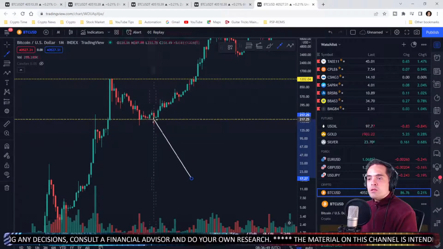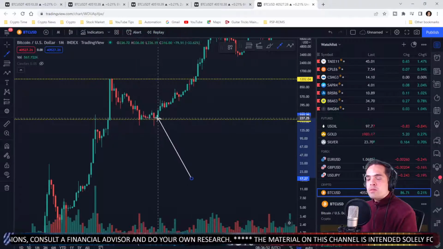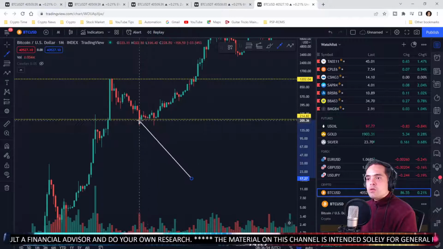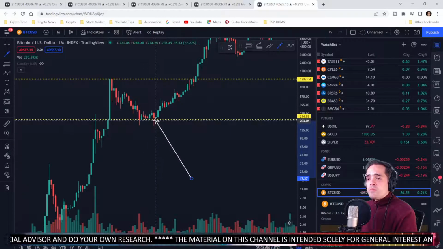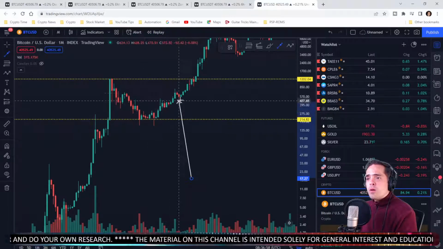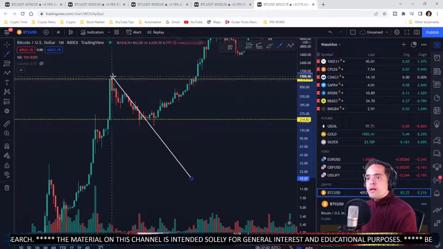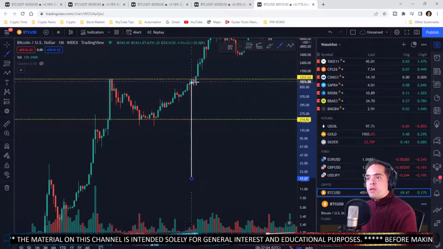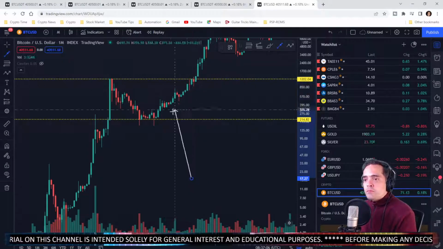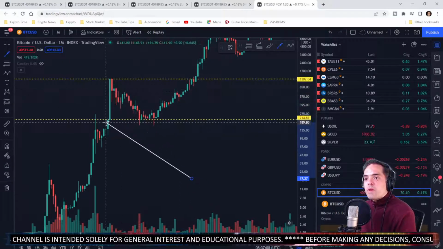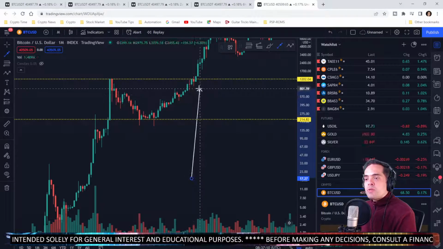As you can see, each candle here represents a month, so we have several months here. And then it goes all the way back up to that level in the future. So that's the concept of support and resistance.